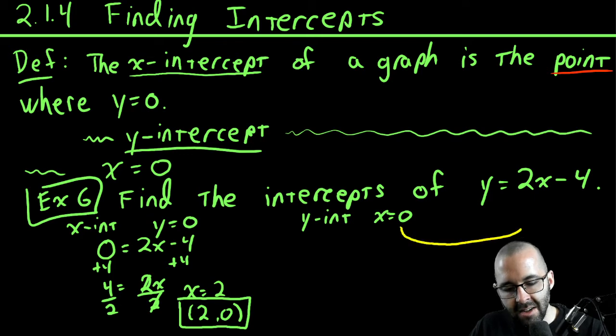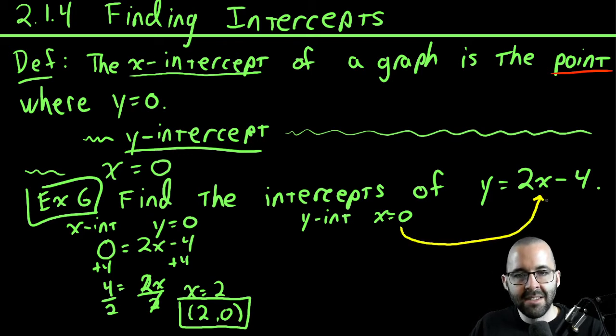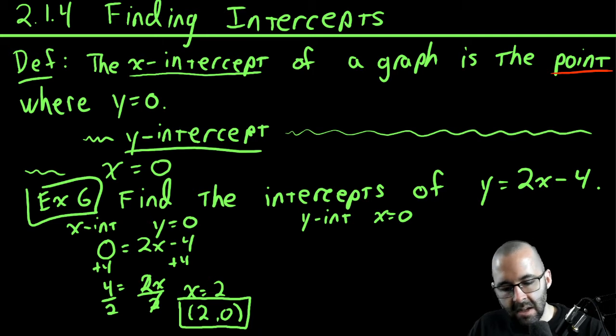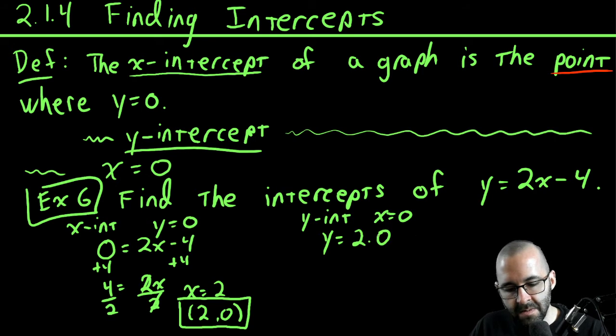So again here, for x equals 0, just replace that x with a 0. So x equals 0 gives y equals 2 times 0 minus 4. That's multiplication, not a decimal. And just simplify. 2 times 0 is 0. 0 minus 4 is -4.